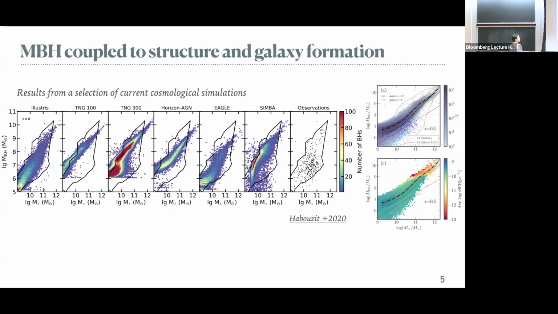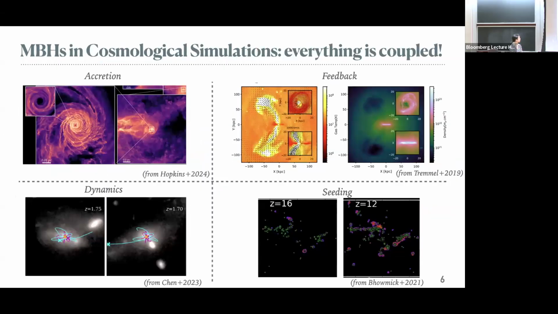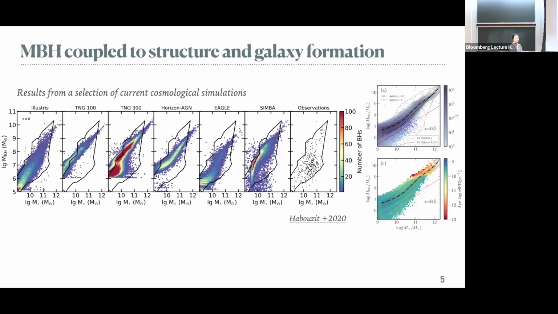The accretion model and the star formation model in, for example, TNG and Astrid are kind of the same, but they have different feedback mechanisms. So they have different relations in this.